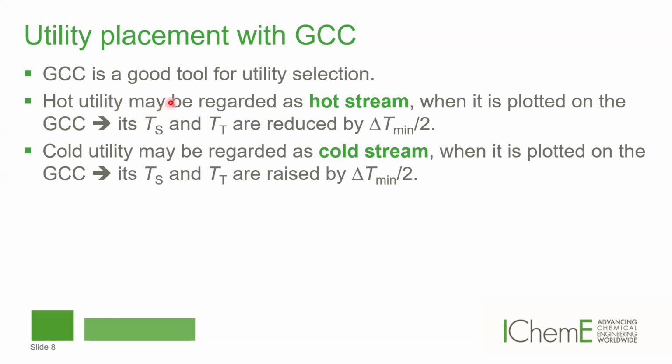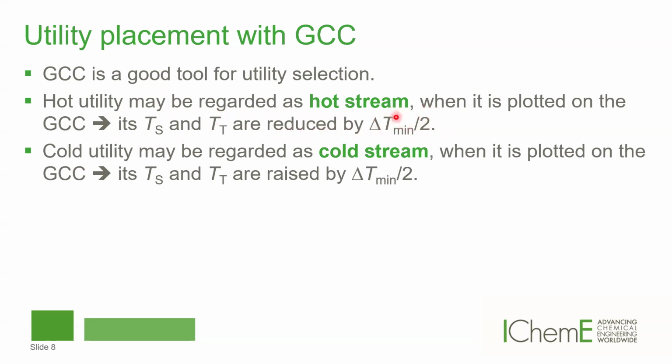When it's plotted in the grand composite curve, it has a supply temperature and target temperature, which are reduced by delta T min divided by 2.